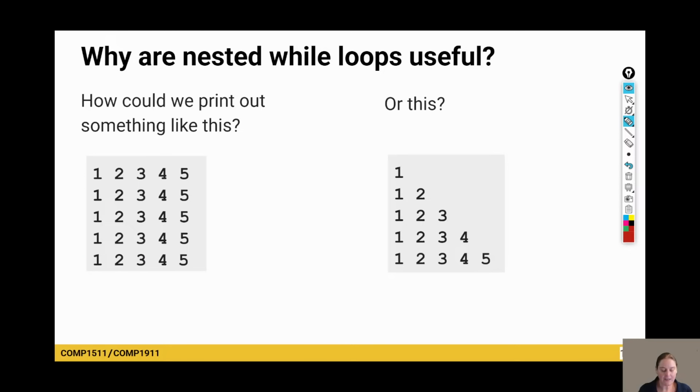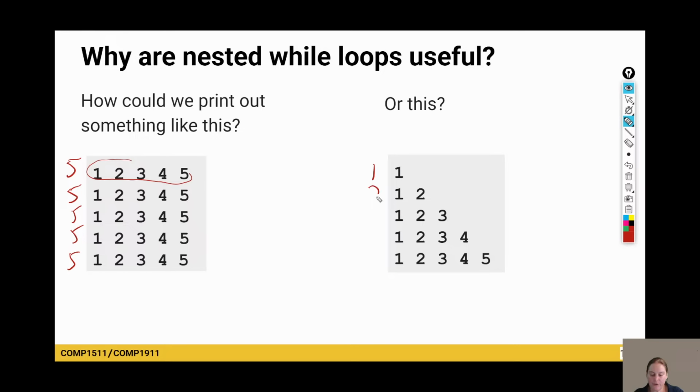Now, in this example, the one that we've done, every single row, we're going up to 5. We're printing 5 things. So every single time that inner loop is going up to 5. In this example, if we're in row 1, we only have one column, right? We're only printing out one thing.